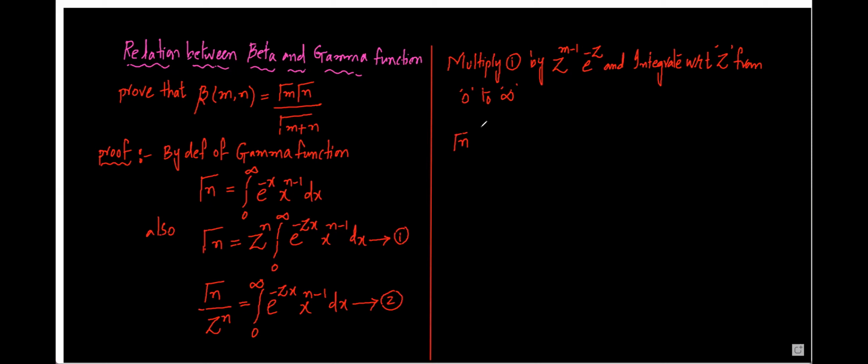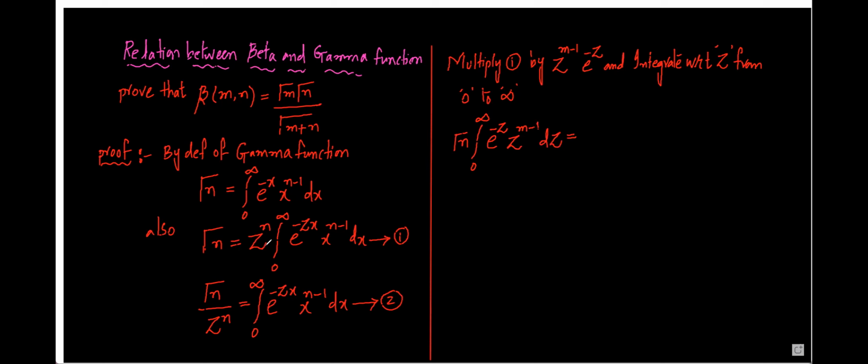Now we start our work, that is integral 0 to infinity of e to the power of minus z, z to the power of m minus 1, dz is equal to, okay, this side is over.